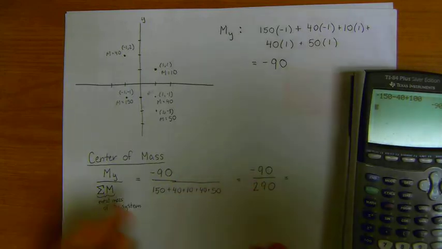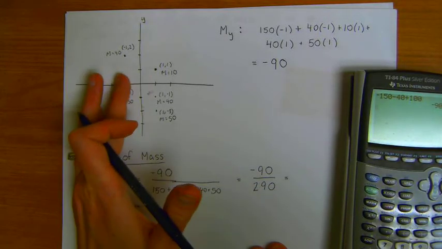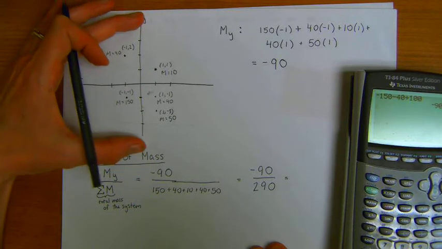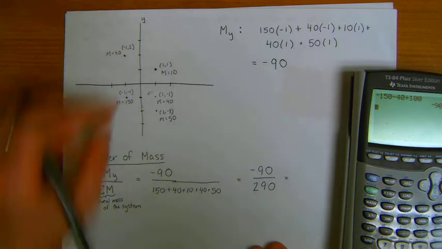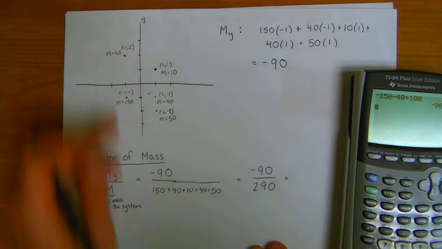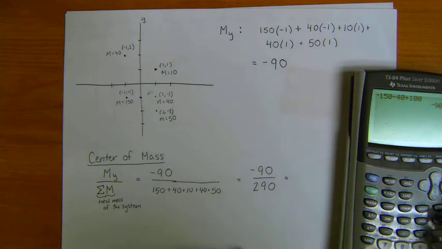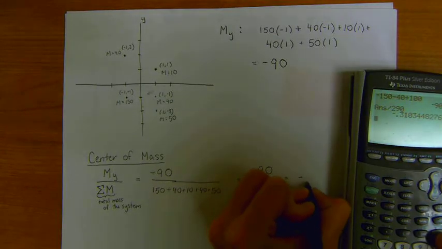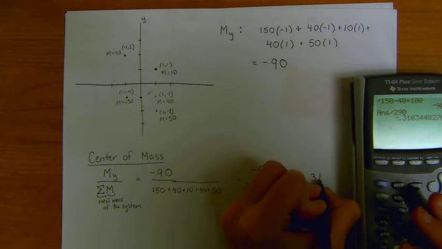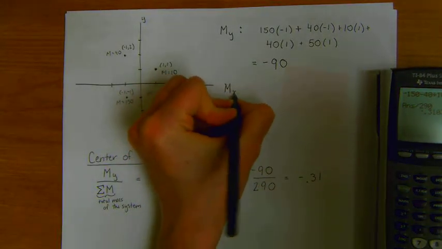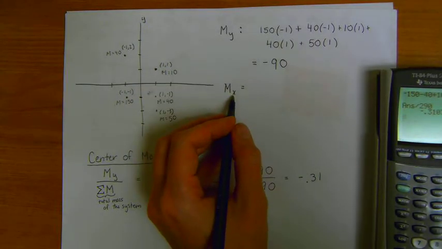And this will give me my distance over from the line of the y-axis. So it's going to be the x-coordinate of the center of mass with respect to this y-axis. So what is -90 divided by 290 is -0.31.